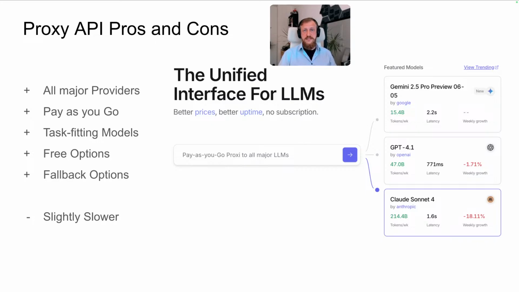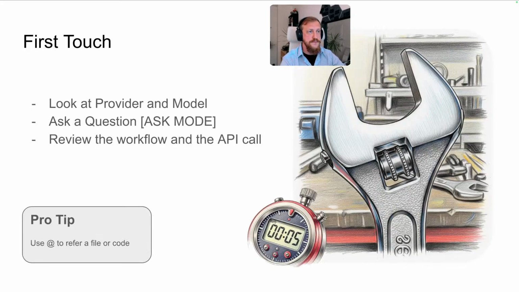Going through the proxy will take, I don't know, 20 milliseconds. I haven't measured it. Okay, 50 milliseconds. In comparison with 10 seconds by the model, you will not notice it. But technically, yes, using a router, it will be slightly slower.